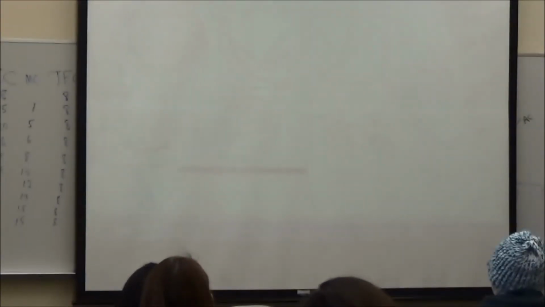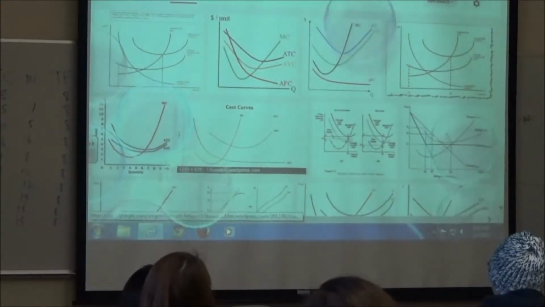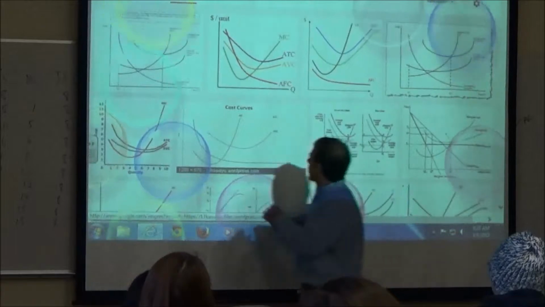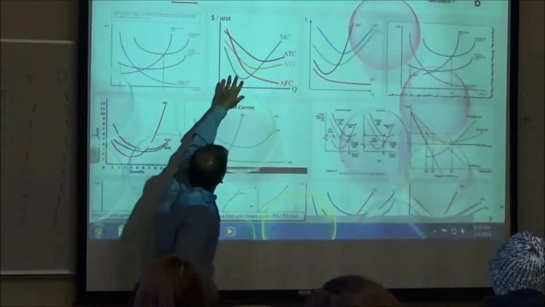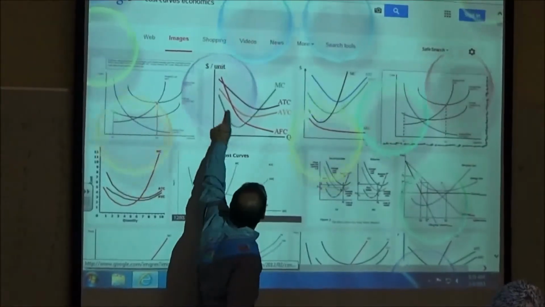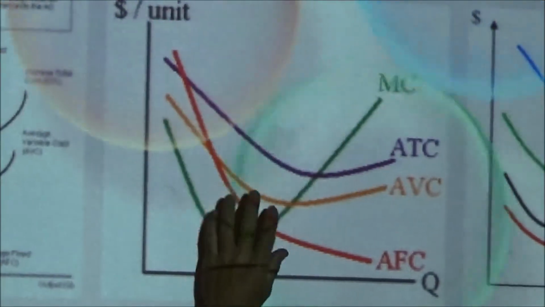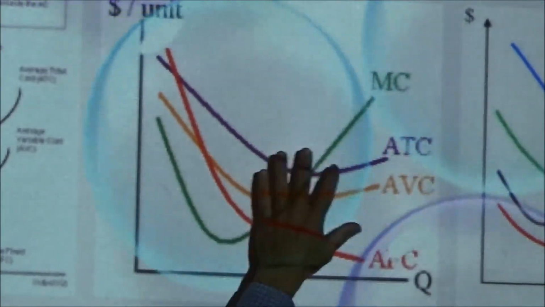Here's what happens, right? We have this, and the bubbles just add a nice effect. I'll leave them there. But here's what you know, the line that we just drew: average fixed goes down, average variable and the marginal goes down and swoops up through, and here's your average cost curve.